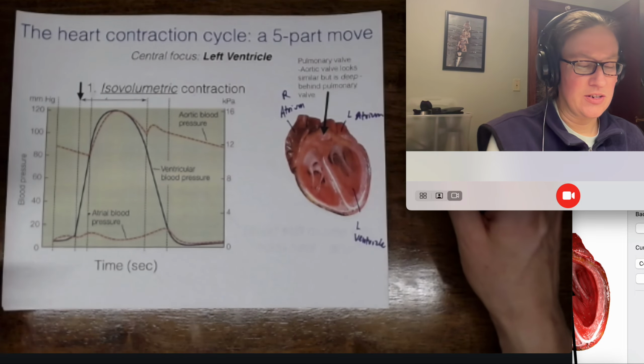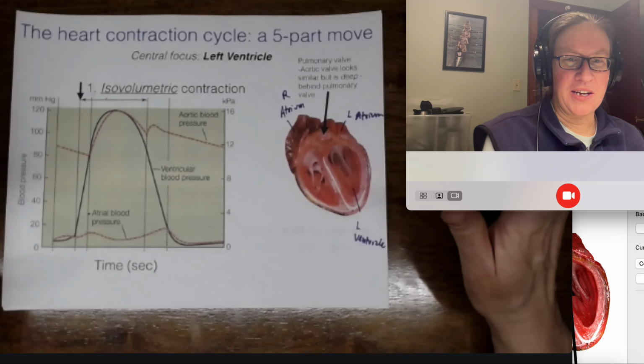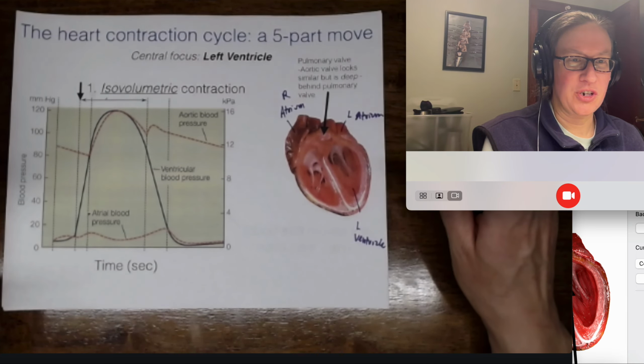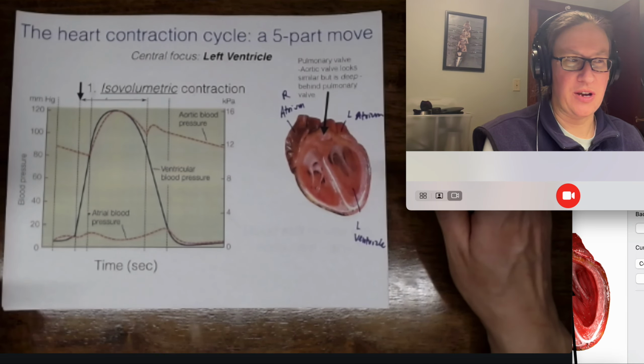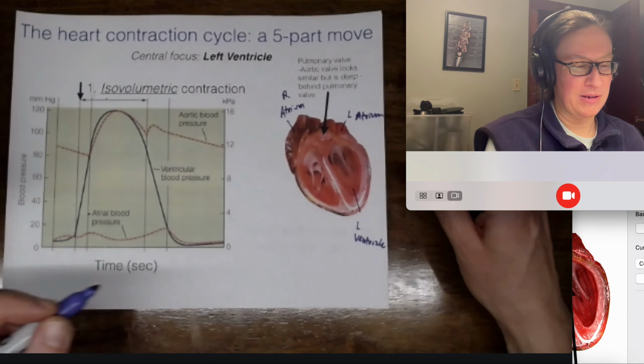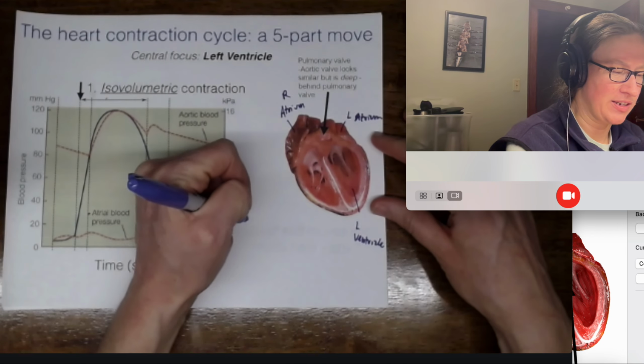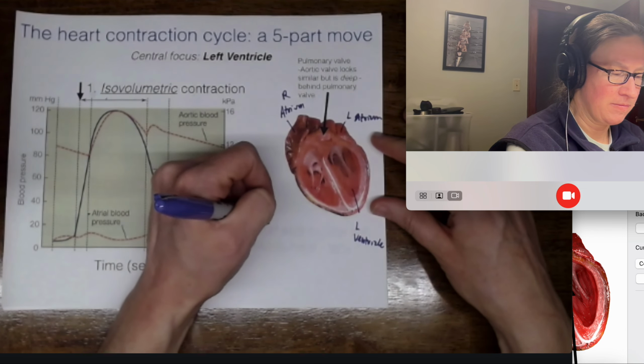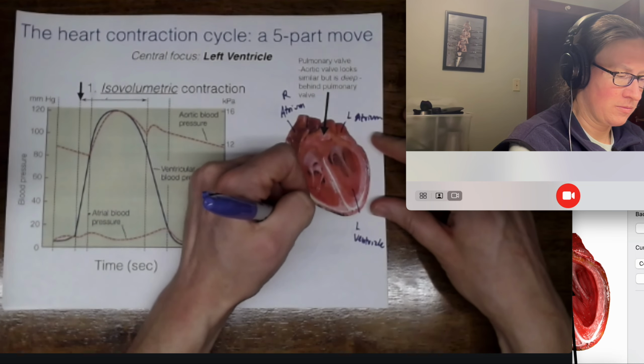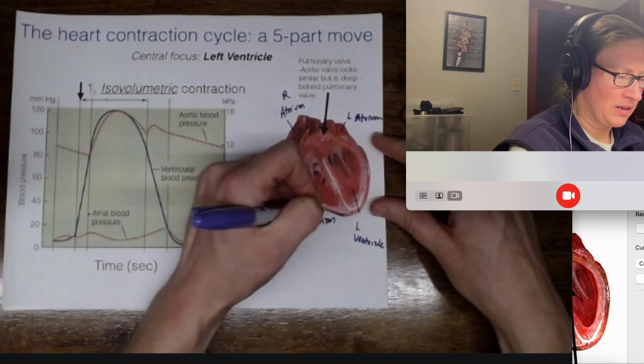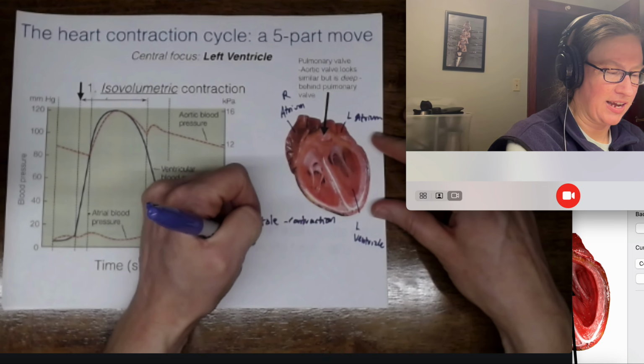All right, and just in general, it's helpful to think in terms of whether muscle tissue is contracting or relaxing. So if muscle tissue is contracting, that tissue is said to be in systole. If it is relaxing, it's said to be in diastole.